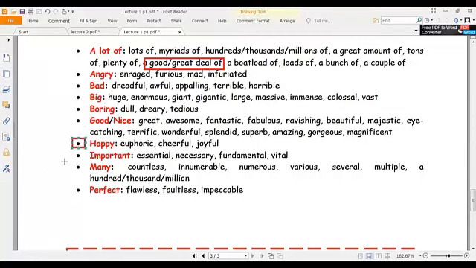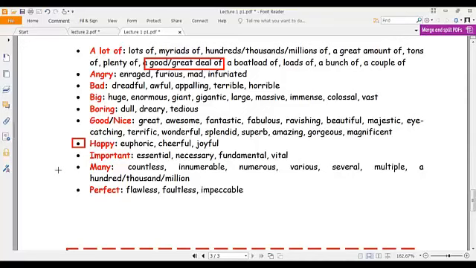Farah. Happy: euphoric, cheerful, joyful. Important: essential, necessary, fundamental, vital.